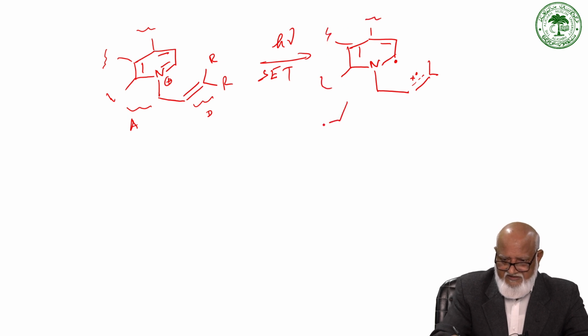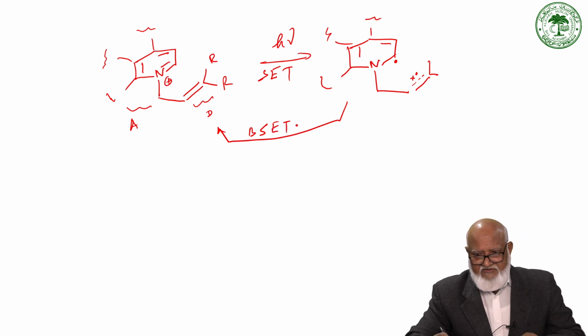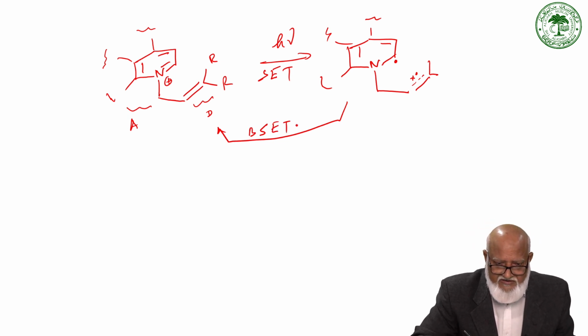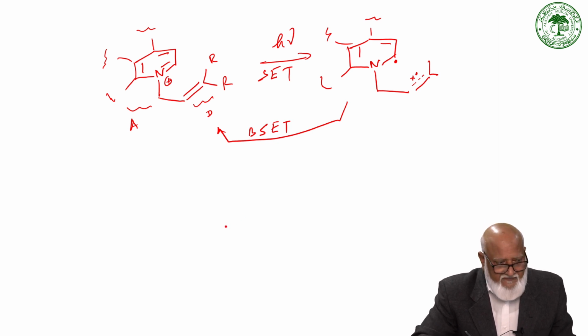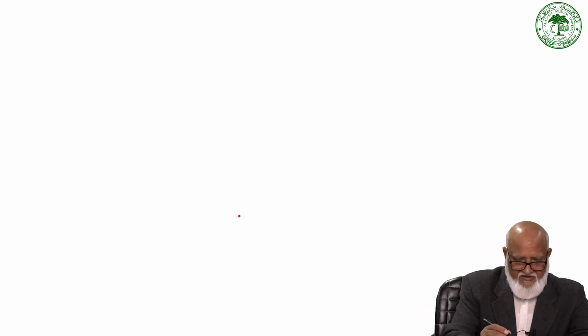Then this comes back through single electron transfer. These electron transfer reactions from alkene to ammonium salts have been well established and exploited for a large number of reactions, and many studies have been done with the 5-membered nitrogen containing ammonium salt.